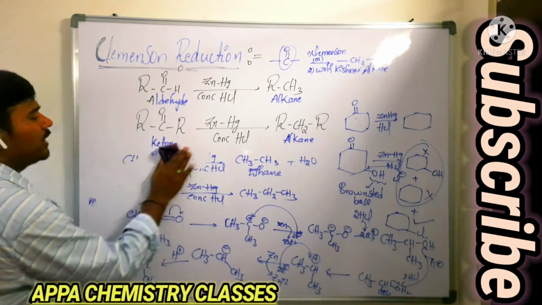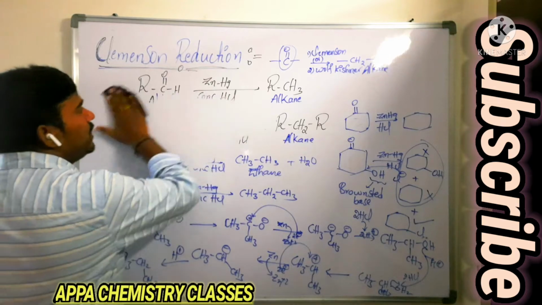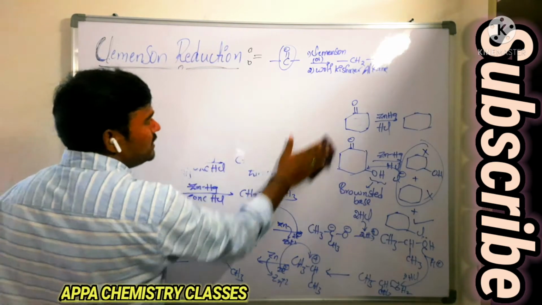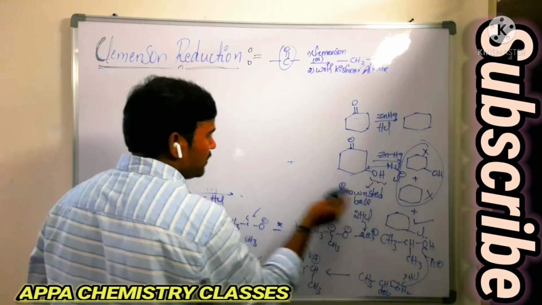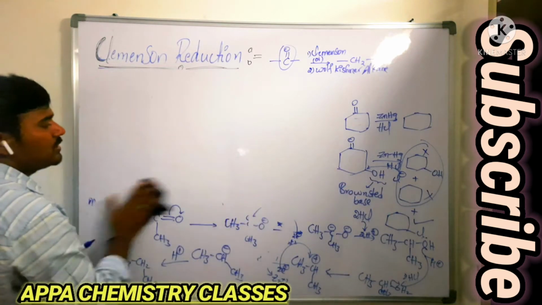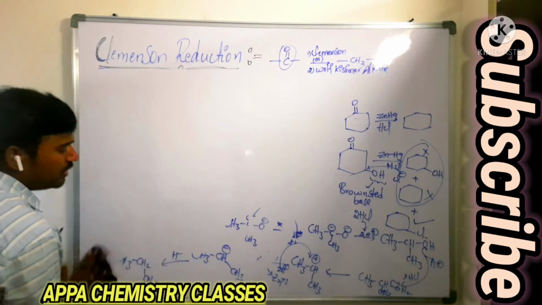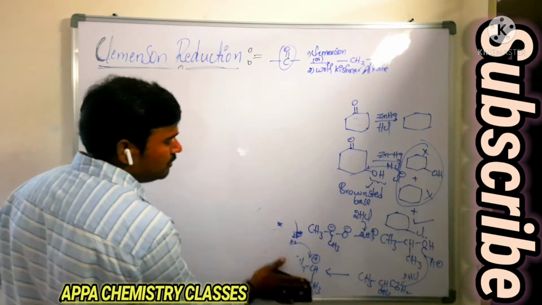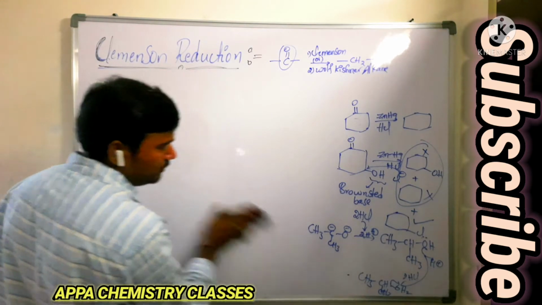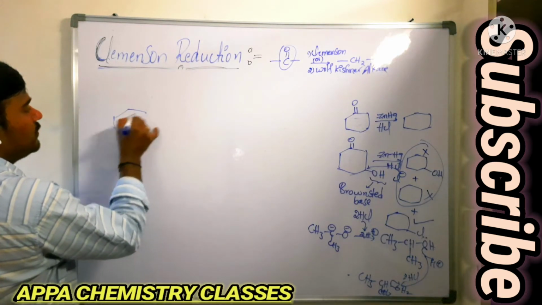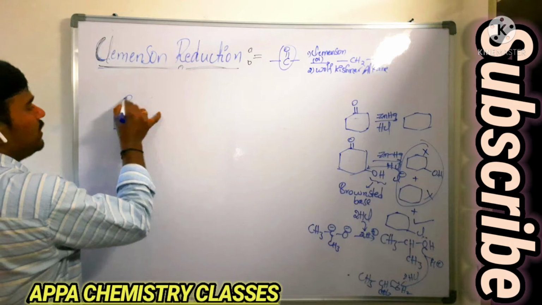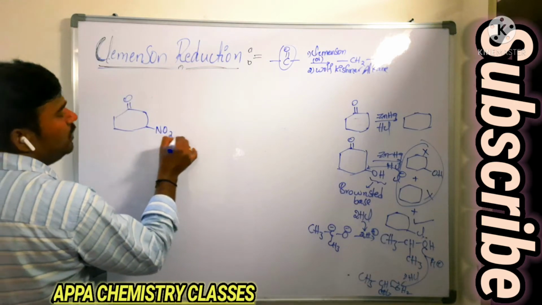One more example we will take. If any basic groups are there, this OH is a basic group which is present. Because Clemmensen reduction is in acidic medium, basic groups are reduced. Now you see in this case C double bond O, NO2.